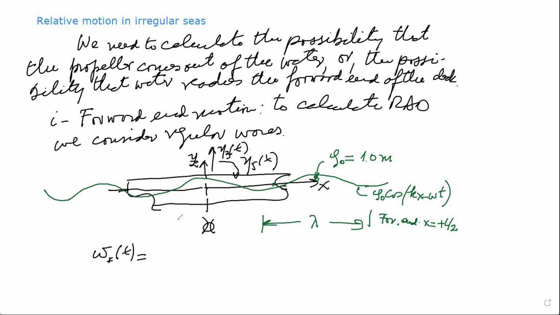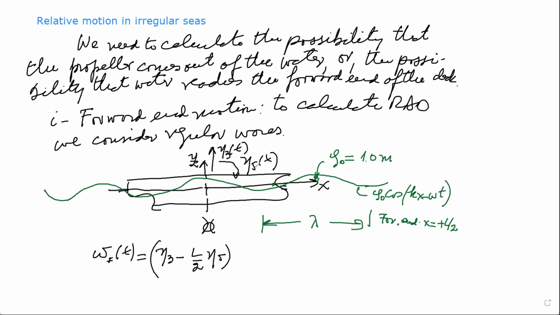So that's going to be the difference between the vertical motion of the forward end, which is equal to eta 3 minus L over 2 times eta 5. I'm sorry, that's the vertical motion of the forward end. And now we have to take the difference because we want to see the relative motion.